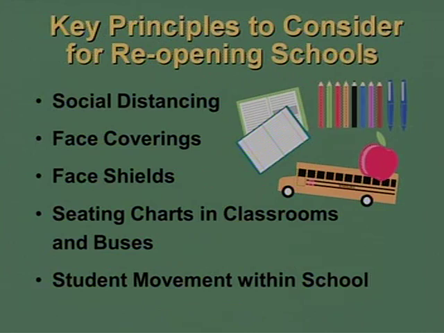So the key principles to consider for reopening the schools, there's 8. And I want to start with social distancing. I'm sure that everyone by now knows about social distancing. This is not a secret that the CDC says that we should remain 6 feet apart.